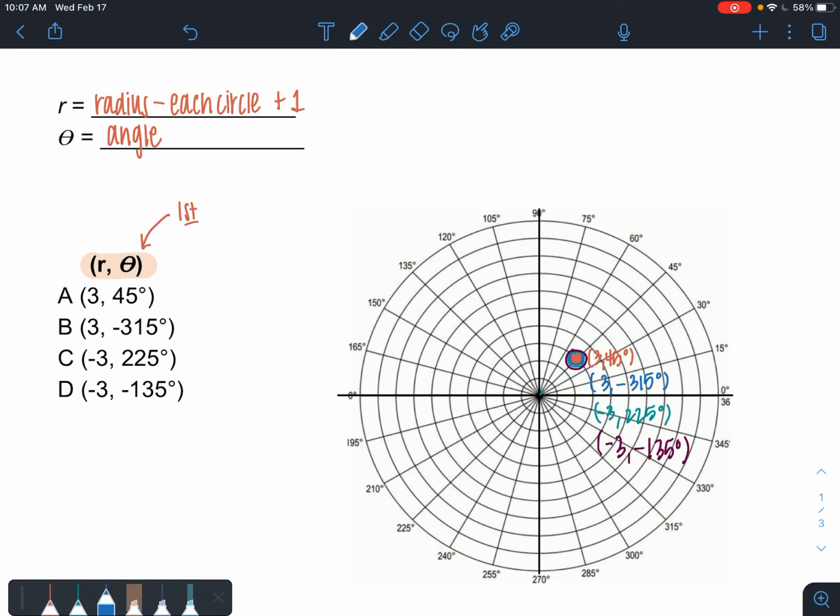These are examples of why to do theta first, because those negatives move in the opposite direction.